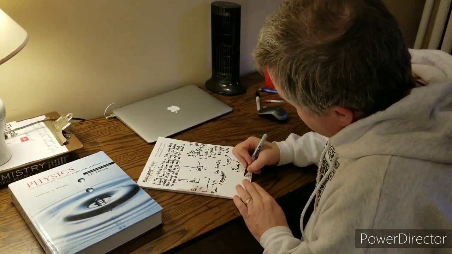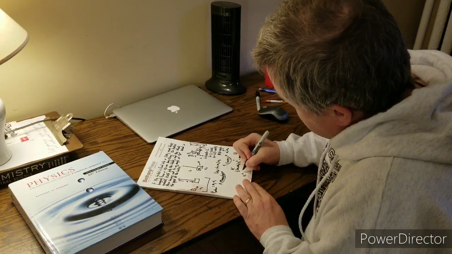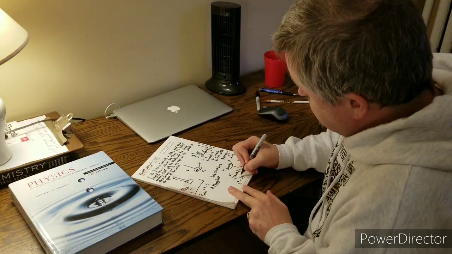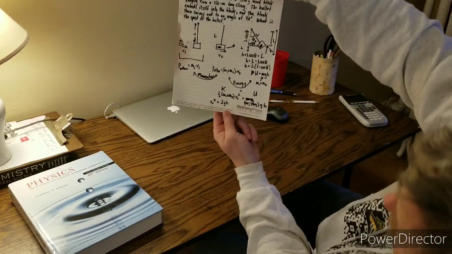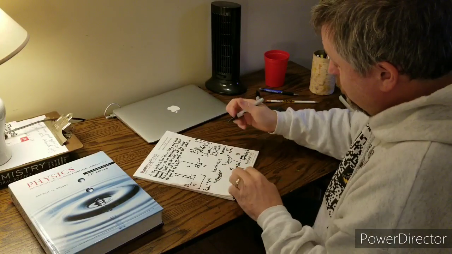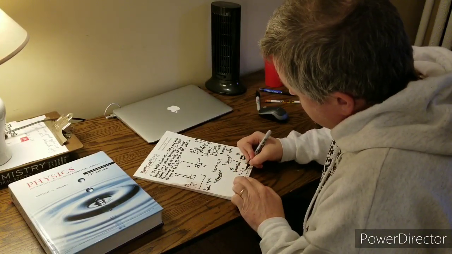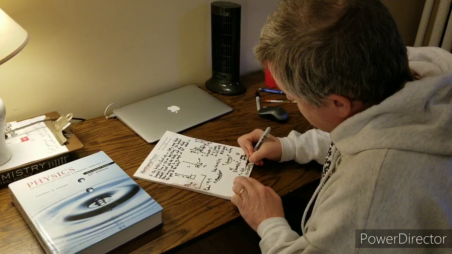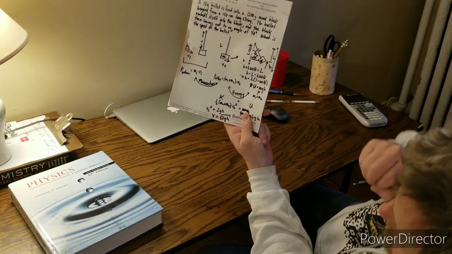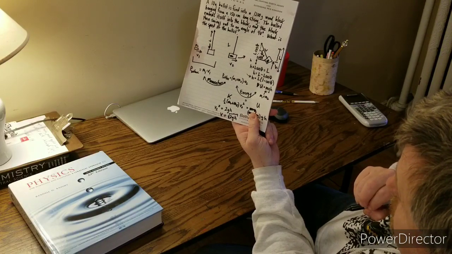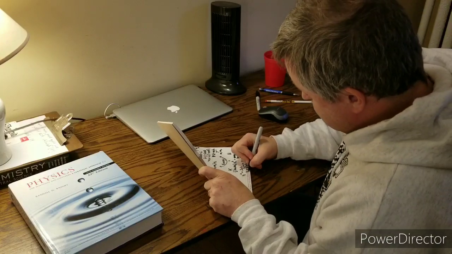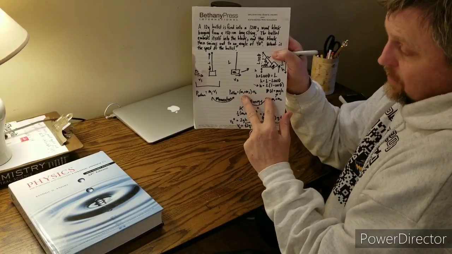And we get V2 squared equals 2 times GH, or V equals the square root of 2GH. And what's H? H is L times 1 minus cosine of theta. Now we know what our V2 is based on energy conservation.